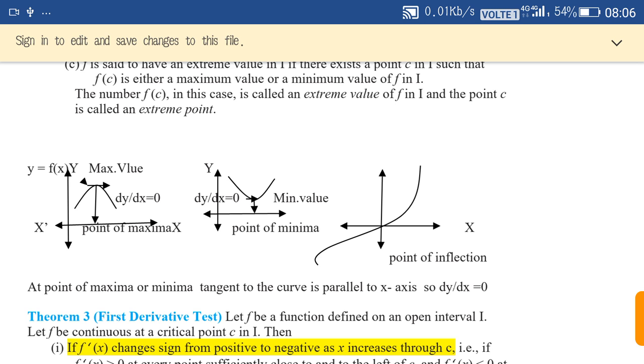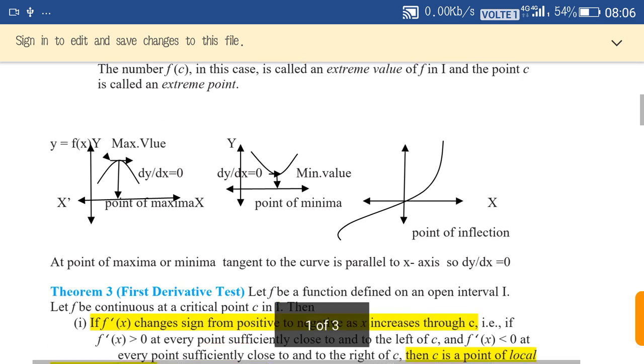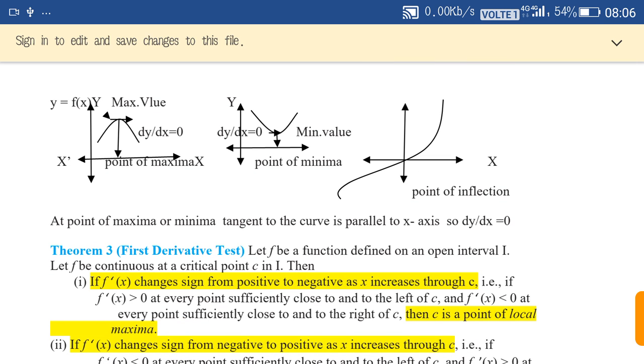It is a one-sided function, so this point is the point of inflection. It has neither maxima nor minima. At the point of maxima and minima, the tangent to the curve is parallel to the x-axis, so dy upon dx is equal to 0. This is the concept.